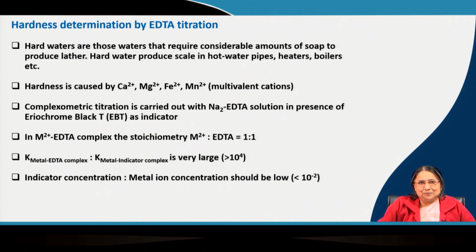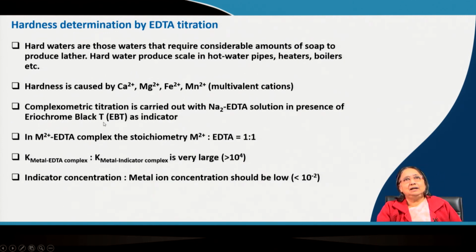Now, the 2-3 drops of extra EDTA will attack the complex formed between Eriochrome Black T and the calcium magnesium ions, that is the rose red color I told you. Then that calcium magnesium ions will be captured by the EDTA, and then the Eriochrome Black T will remain free, and then you will get back the dye color, that is the blue color at the end point.